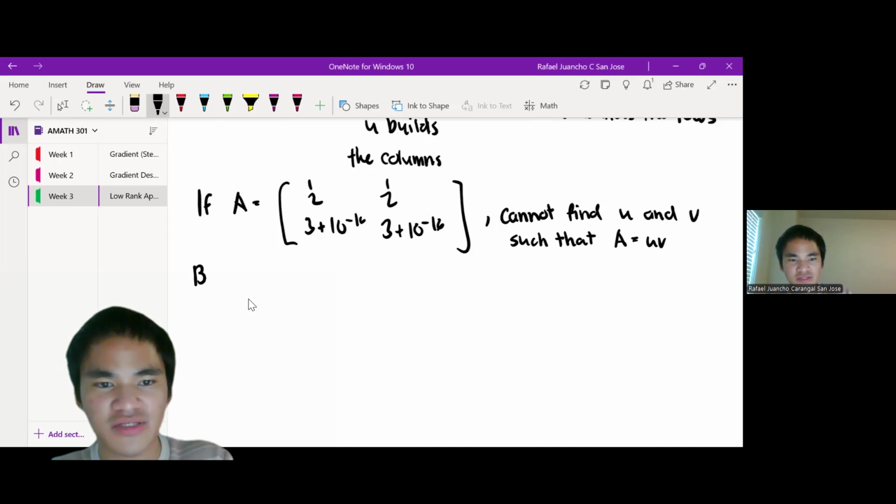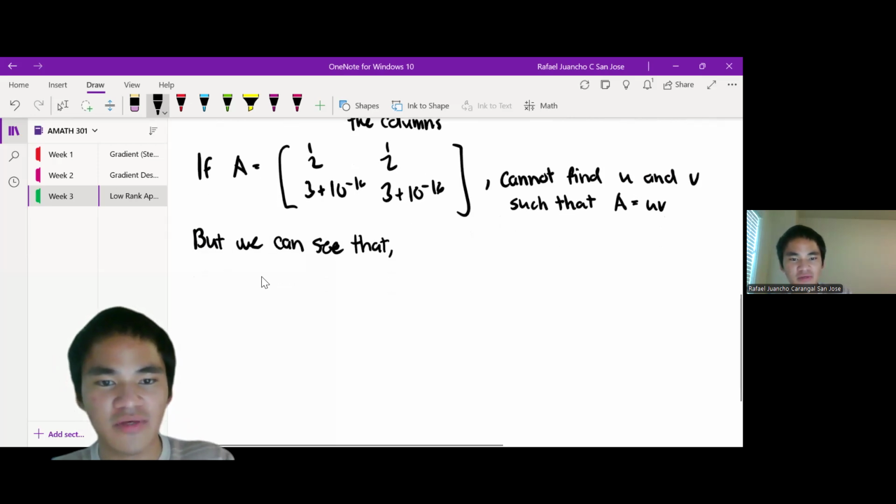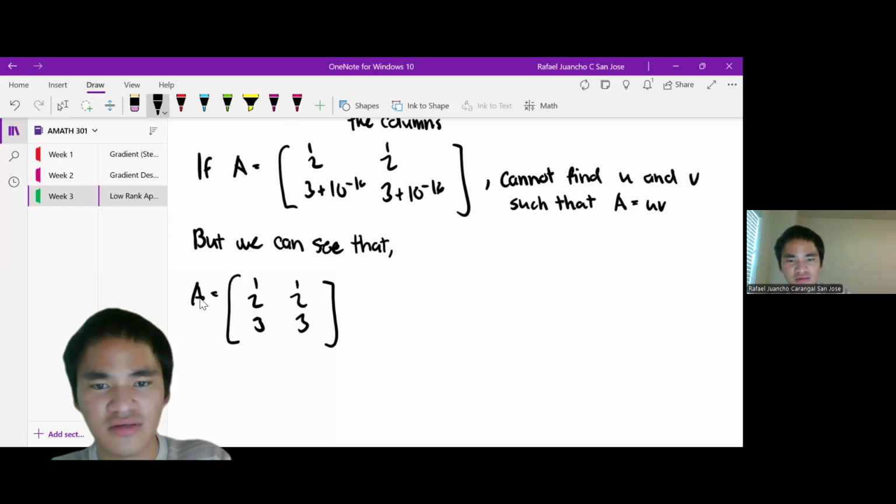But we can actually see something. In particular, we can see that my A matrix could be divided. I could get this, and then I get this.